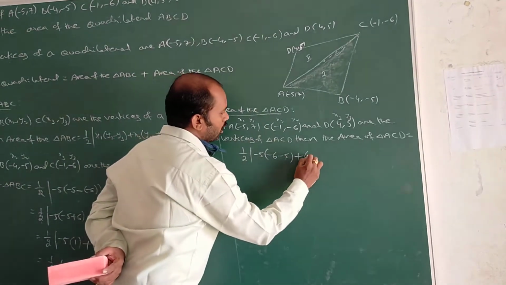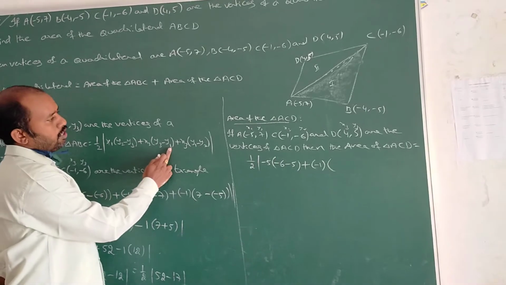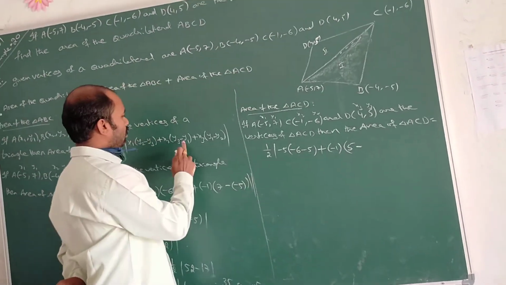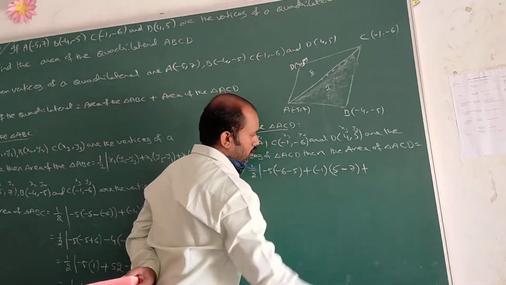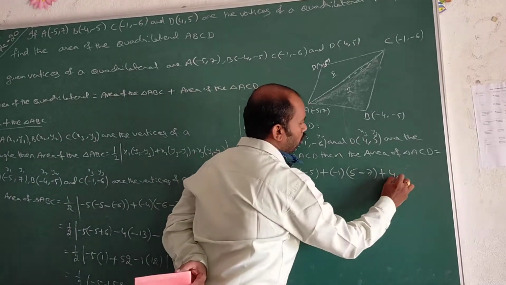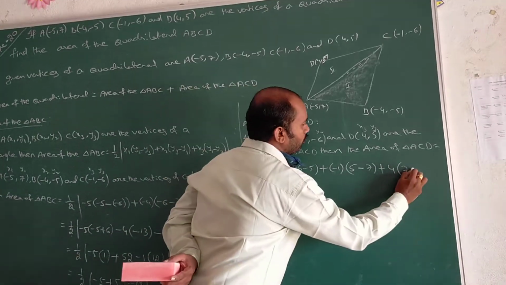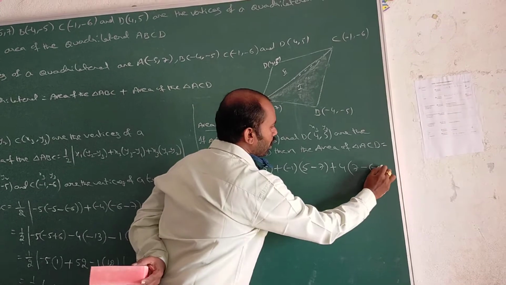So here minus is there, so minus 1 into y3 minus y1. y3 here 5 minus y1. y1 means 7. Second term over. Next, third term x3 starting. x3 means here 4 into y1 minus y2. y1 here 7 minus y2. y2 already minus is there, so minus of minus 6.